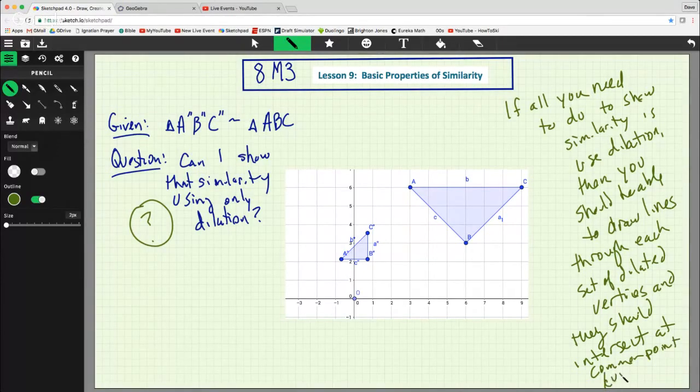Parentheses, usually the origin, but not always. Usually the origin. Okay, so let's do that exercise right now, and let's see what happens.